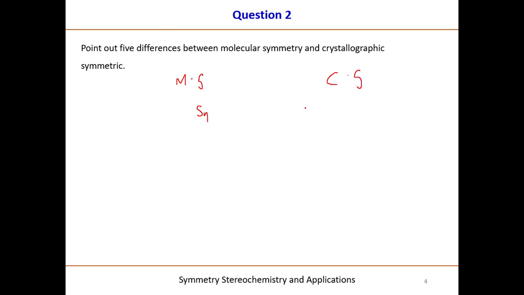Sn is the rotation reflection axis, whereas in crystallographic symmetry we write n bar, because n we also write for axis of rotation.